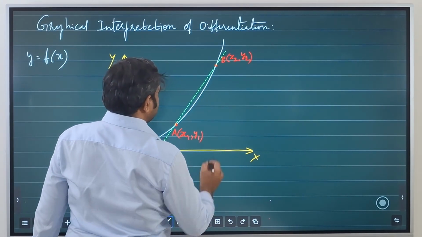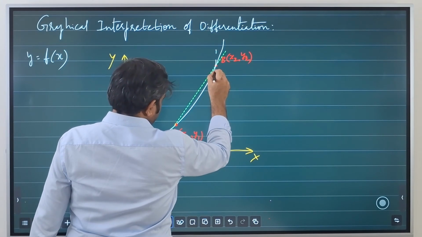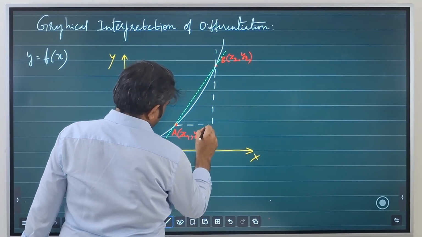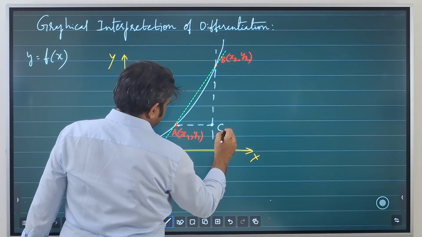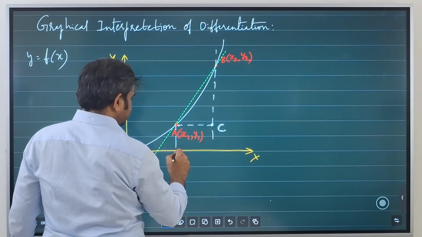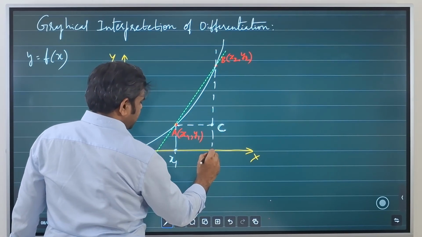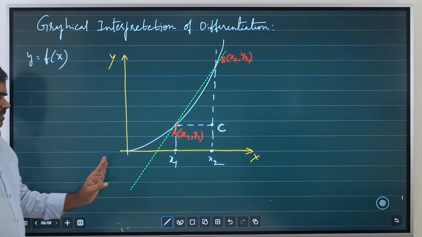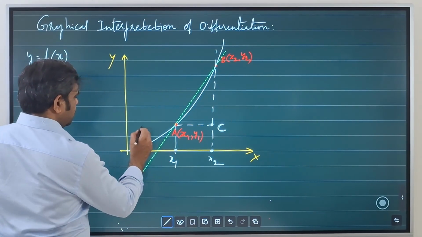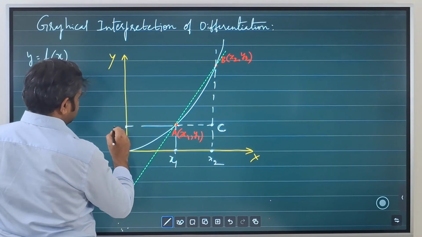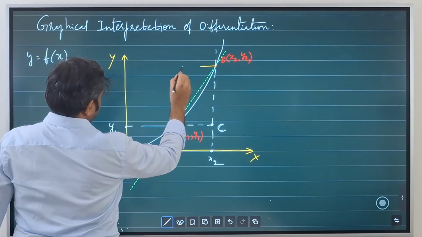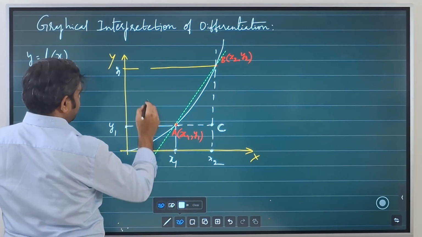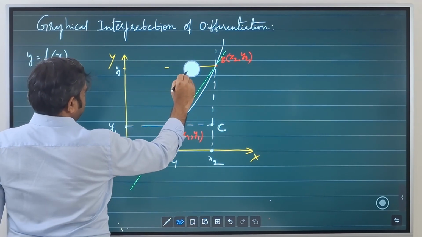So here, let me call this point C. AC is the change in x in the interval from A to B. x changes from x1 to x2, and y changes from y1 to y2.